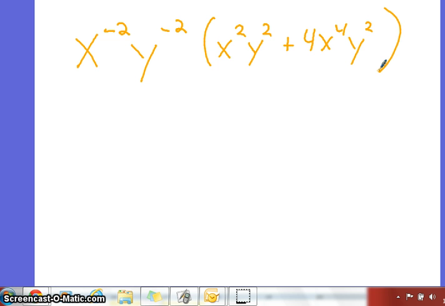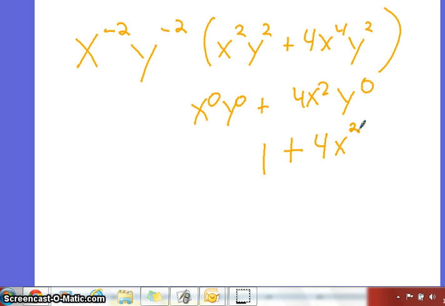But when I do the distributive property, I distribute my x to the negative second to my first term in the parentheses, and I end up with x to the 0, y to the 0, plus 4x squared, because 4 minus 2 is 2, y to the 0. So the answer is just 4x squared? No, it's not. You've got to be careful. It's 1 plus 4x squared.